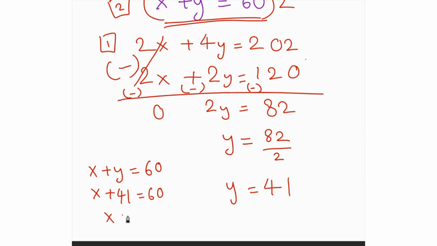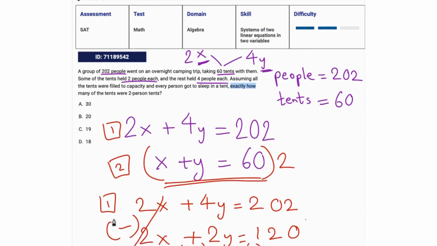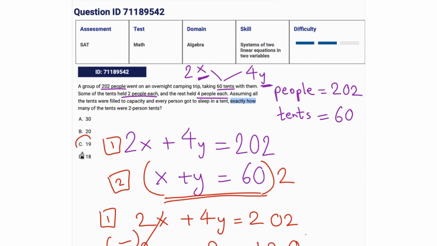So x equals 60 minus 41, which is 19. X is the number of tents in which 2 people stayed. So that's 19. So that is option C.